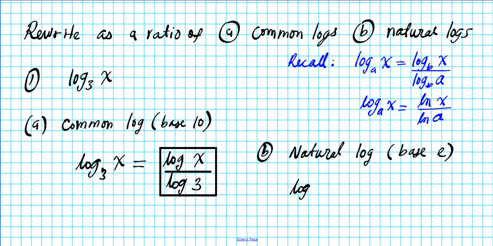So log base 3 of x can be written as log base e, which is ln of the logarithmic argument x, and that divided by log base e, which is ln, natural logarithm, of the base. Okay, base is 3, so you just insert 3 right there.